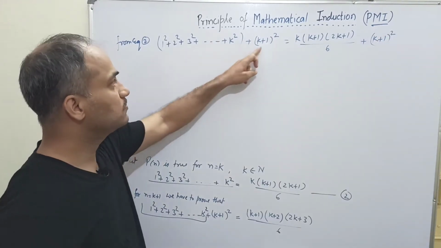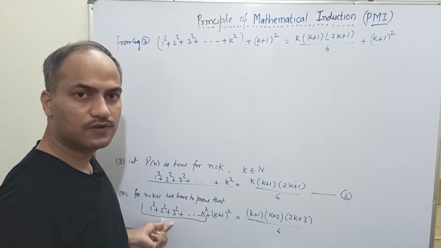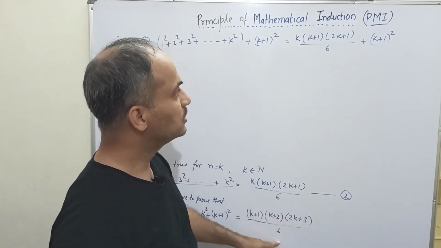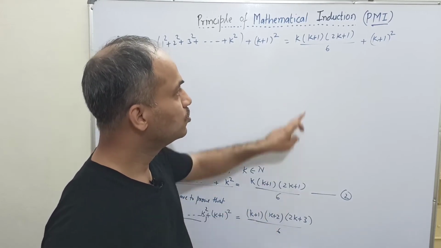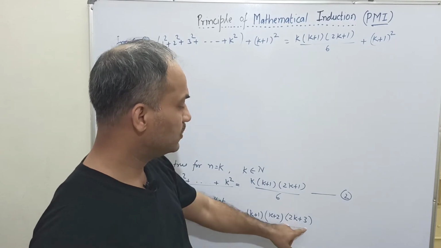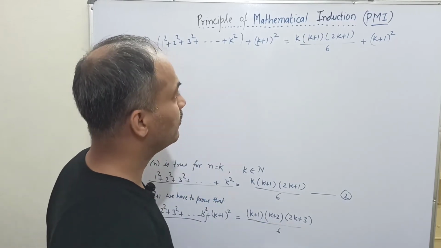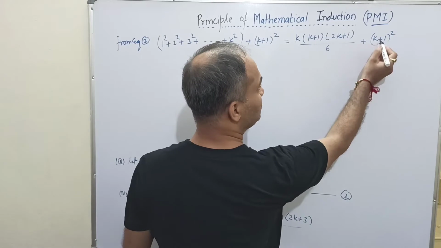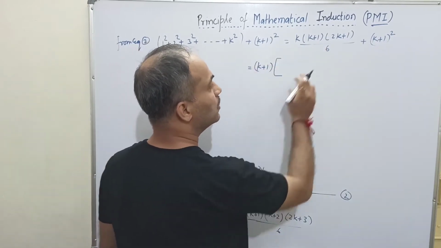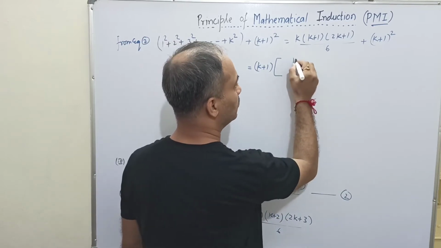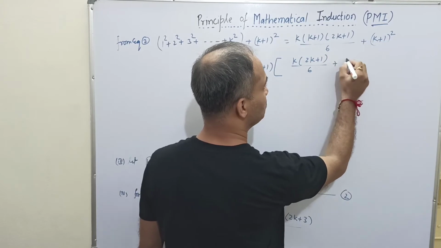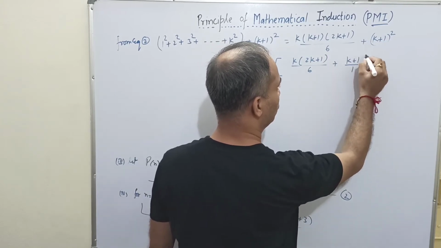Now this term becomes LHS, whatever we have to prove. Now in RHS we have to show k plus 1, k plus 2. So k plus 1 is already there, so we will not disturb this. So k plus 2 and this value should be there. So let us simplify. Can we take something common? k plus 1 is common. So after taking common we get k into 2k plus 1 whole upon 6 plus k plus 1 upon 1.